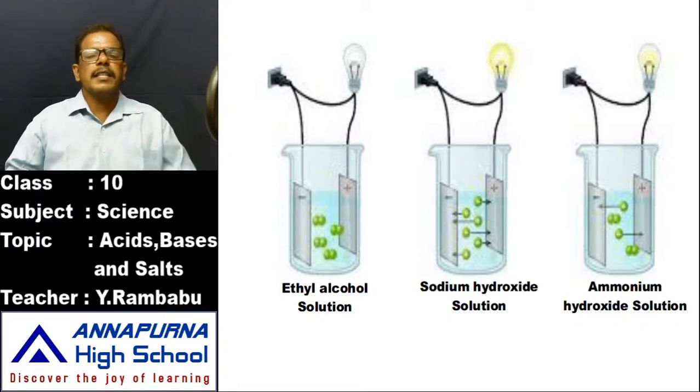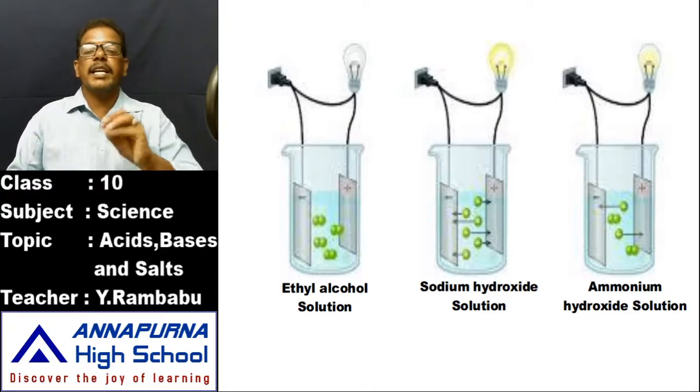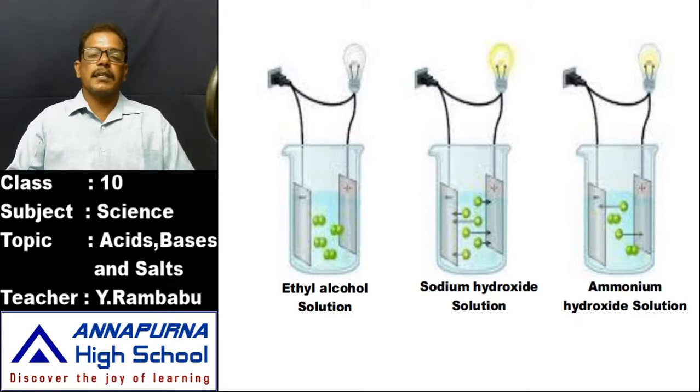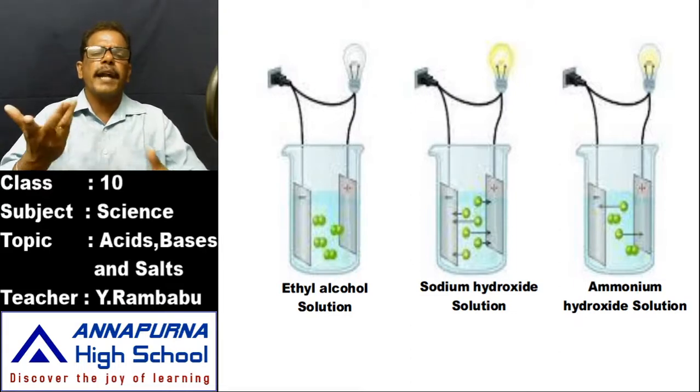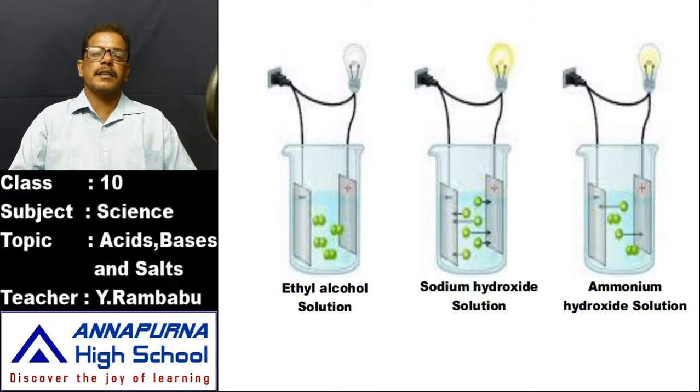If 30 are there, those 30 split into ions. All of them are split into their respective ions. That means the ionization extent is 100%. That means more hydroxide ions, OH minus ions, are present, so more charge carriers. That's why the bulb glows brightly. That's why it is a strong base.